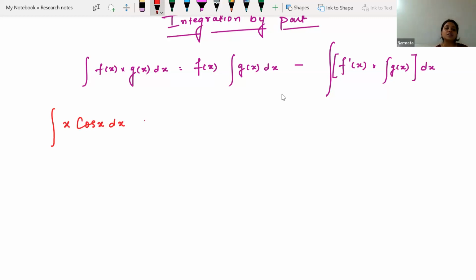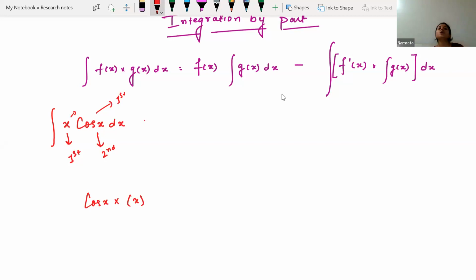The formula says first select which function is the first function, which function is the second function. You can take this one as a first function and this one as a second function. You must be thinking that we can also take this one as a first and this one as a second, because x into cos x can be written as cos x times x. It can be written. So first function, second function, how we will decide that, just after a while we are going to discuss it.